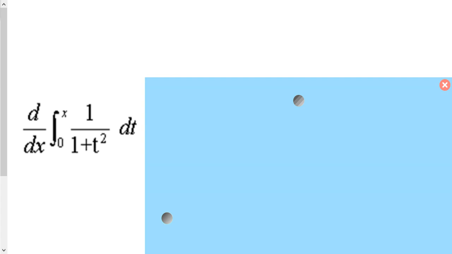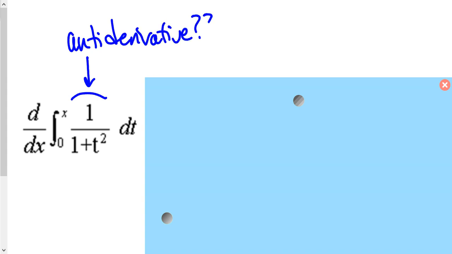All right, so we look at this, and that's what I was just talking about. Notice that we do not yet know the antiderivative for that yet. Notice how I said yet. Okay, so we don't yet know the antiderivative of that.